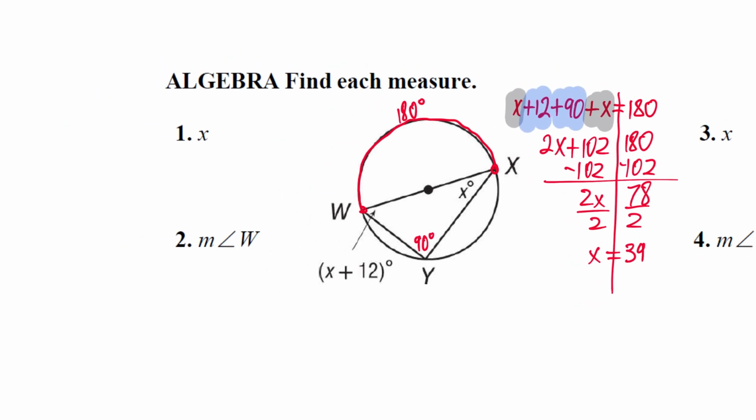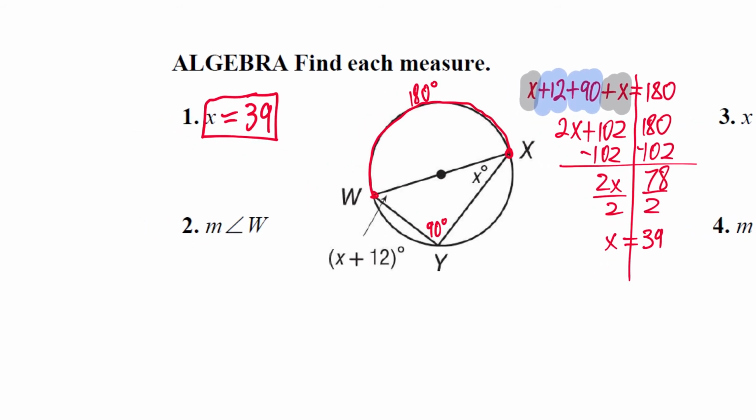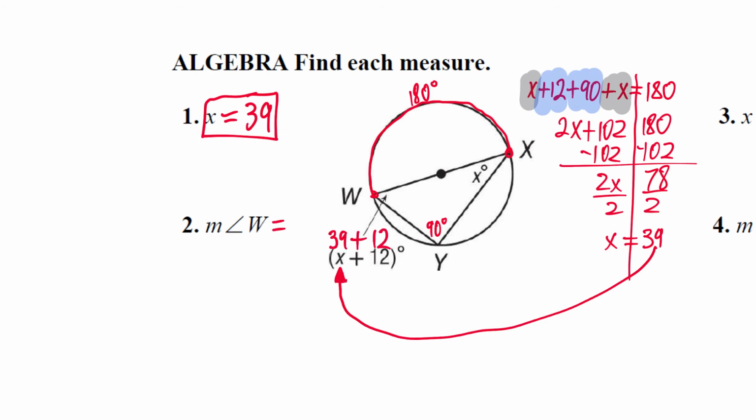So x equals 39. And then the next thing is to find angle W. I'm going to take 39, plug it in right there. 39 plus 12 is what? 51.